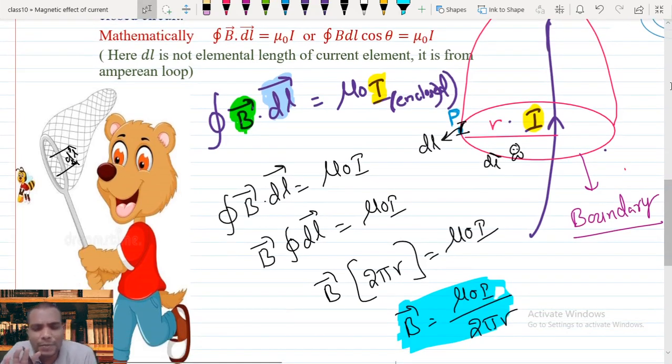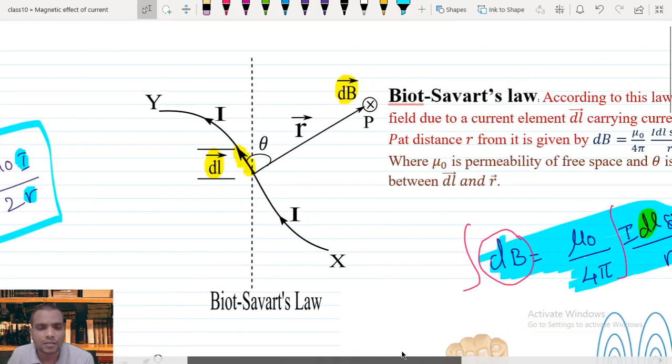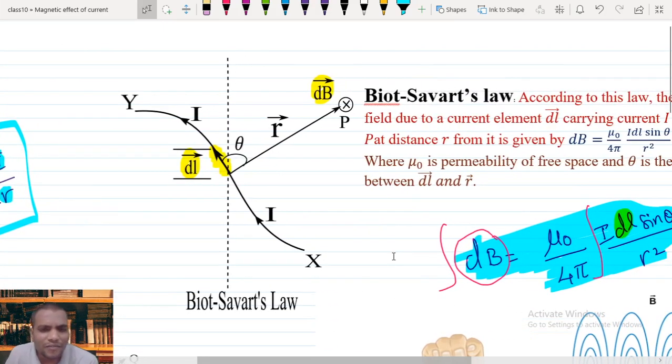But with this limited mathematics, easy way, if I try to find the magnitude of the magnetic field in this case by using Biot-Savart's law, it is very difficult, we cannot get that.